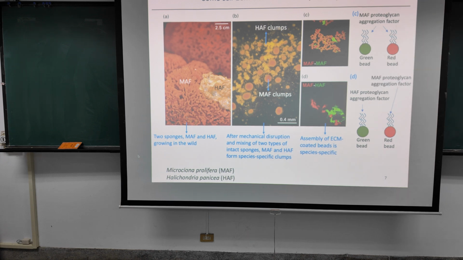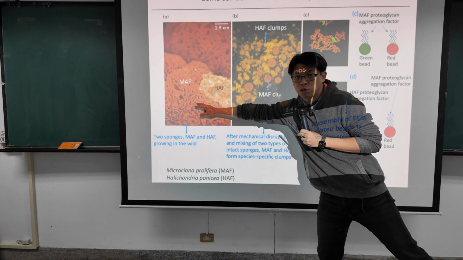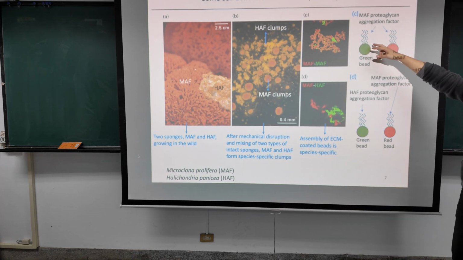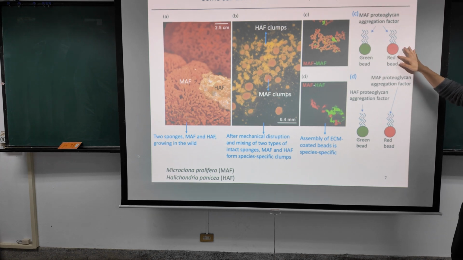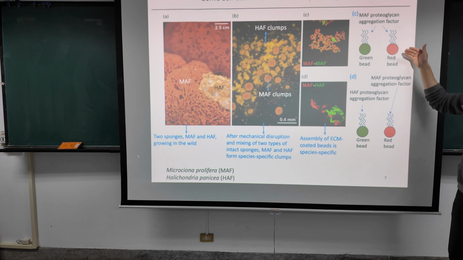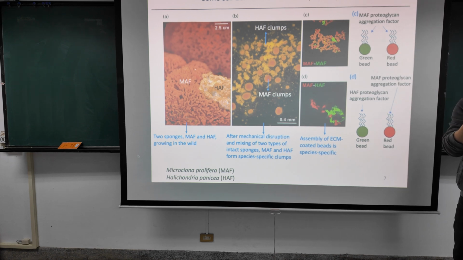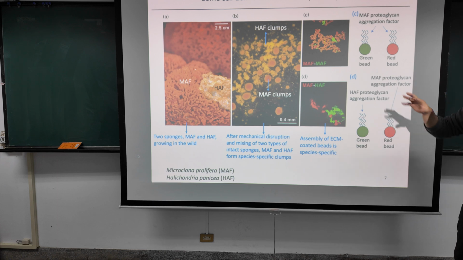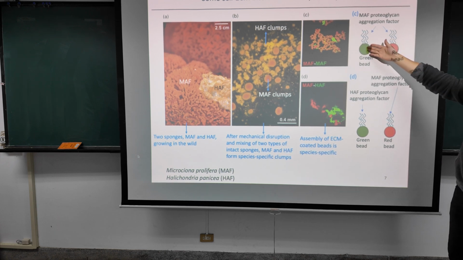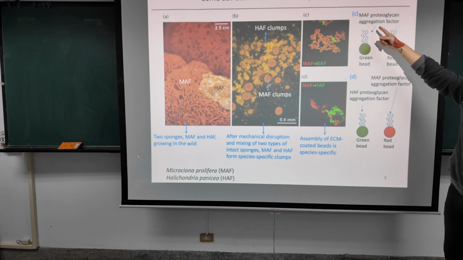So they purified the proteoglycan, which is one kind of extracellular matrix, from the NAF. Those proteoglycans are one kind of extracellular matrix secreted from the NAF sponge. They conjugated the purified proteoglycan on green beads and on red beads, which are plastic, tiny beads. Then they mixed these two kinds of beads together. Green beads and red beads are all coated with the proteoglycan from the NAF.